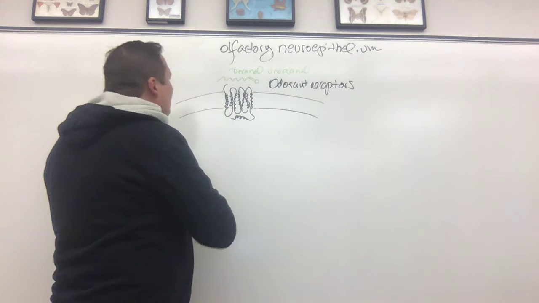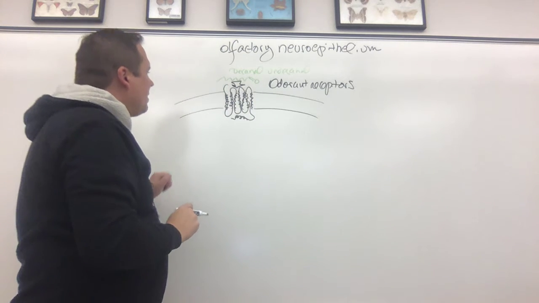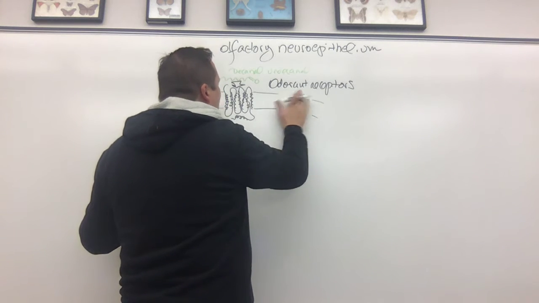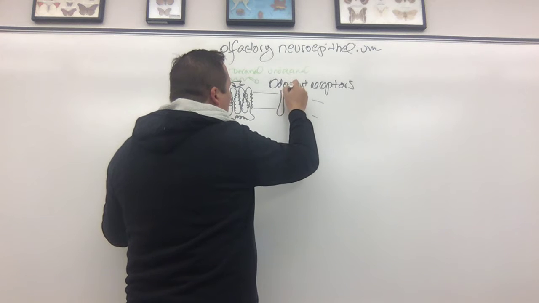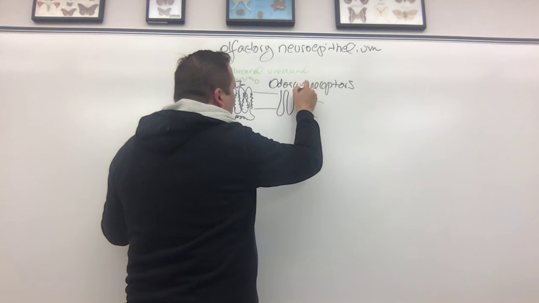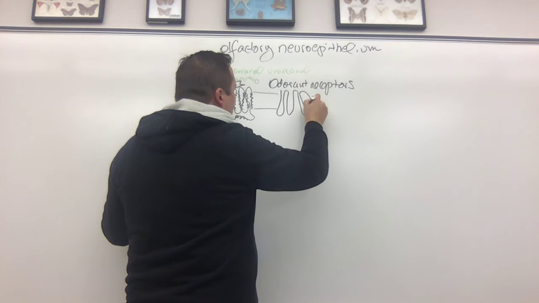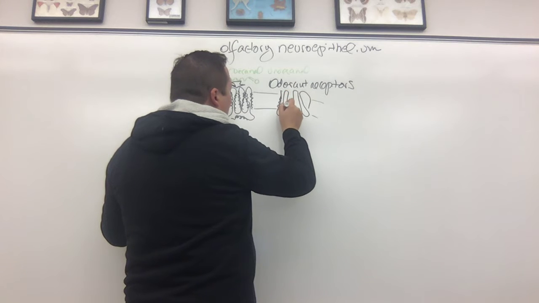Let's draw a little arrow that shows that this is going into our odorant receptor. Once it goes in, the odorant receptor is going to change, and it's going to be pinched a little more like this. 1, 2, 3, 4, and then 5, 6, 7, and then 8.